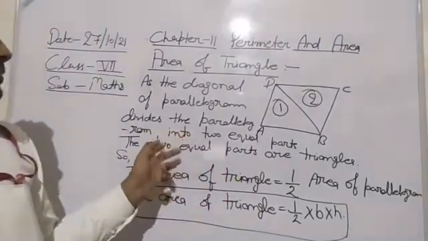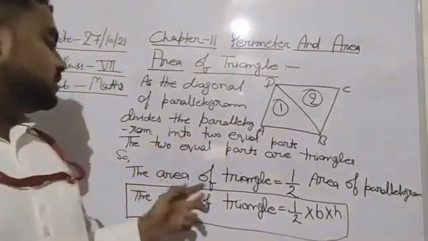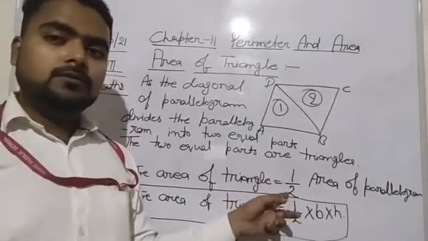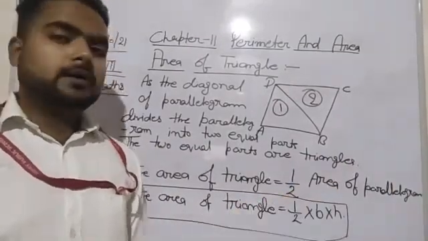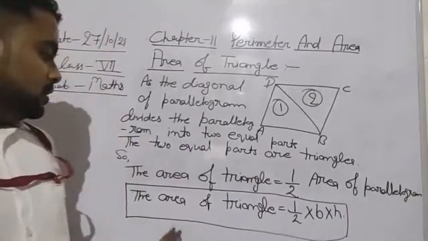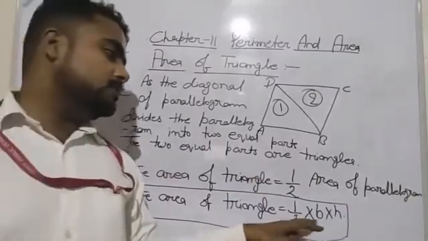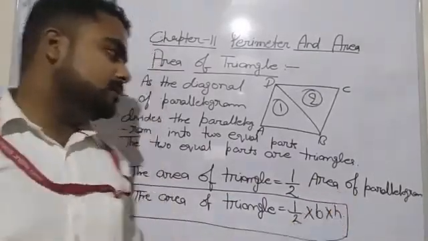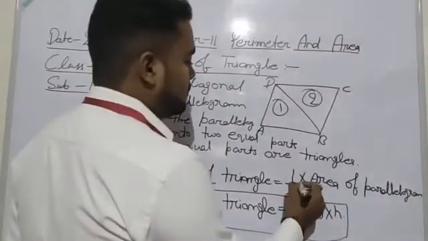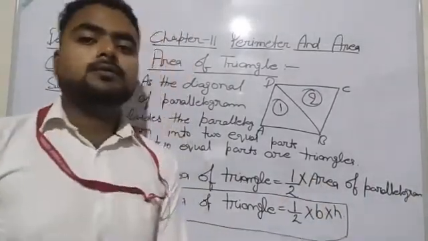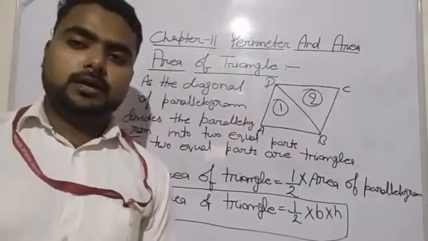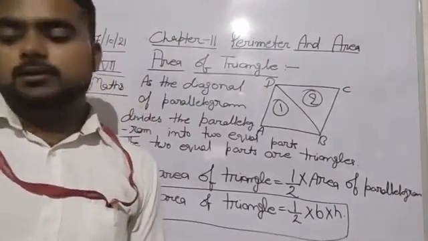So here the area of triangle will be equal to 1 by 2 into area of parallelogram. The area of parallelogram is base into its height. So 1 by 2 into base into height is the area of triangle.